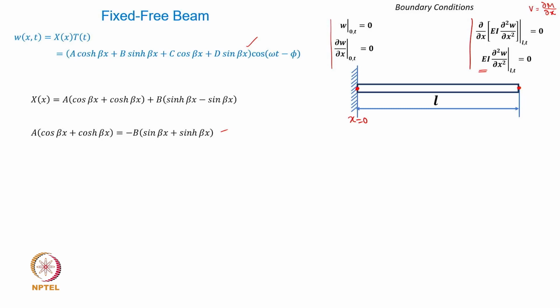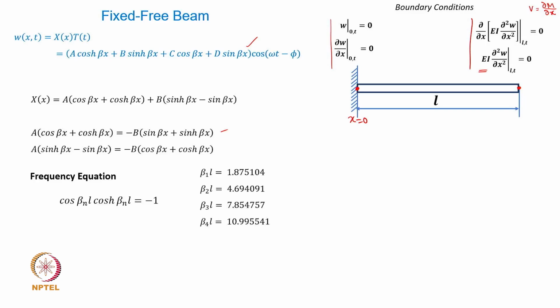When you implement two of the four boundary conditions, that gives one equation, and another set will give you the second equation. Then when you divide the first one by the second one and cross multiply, this is the frequency equation that you are expected to get.